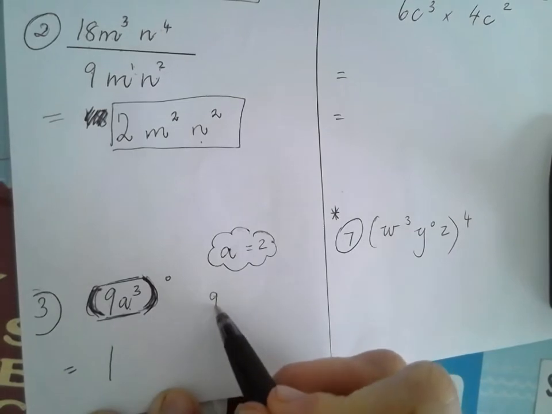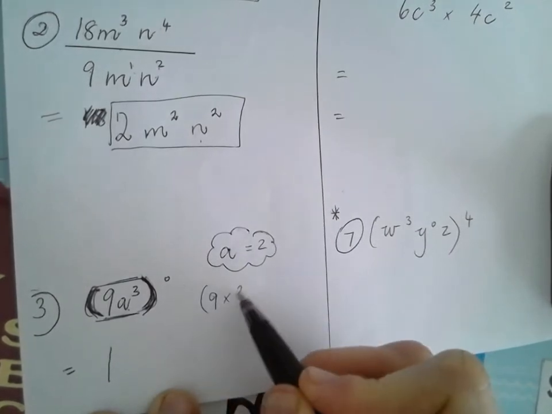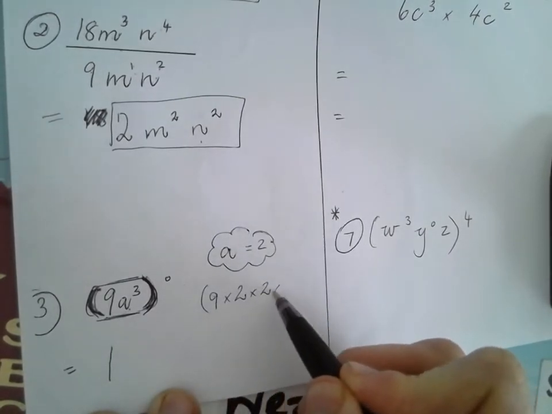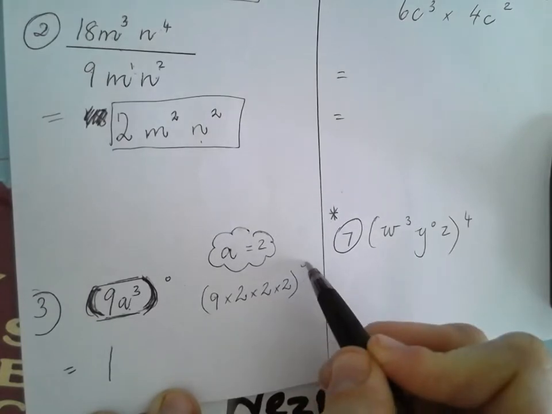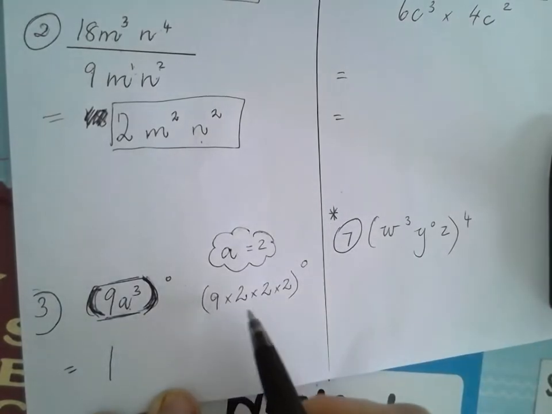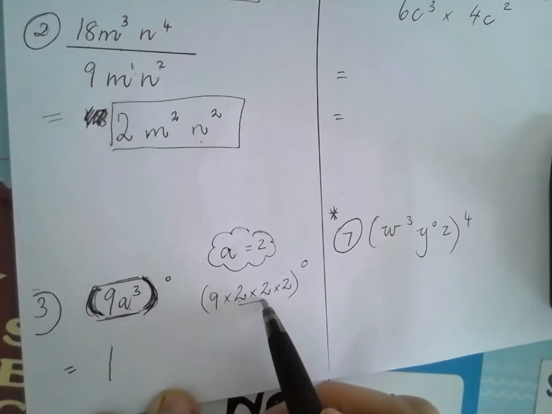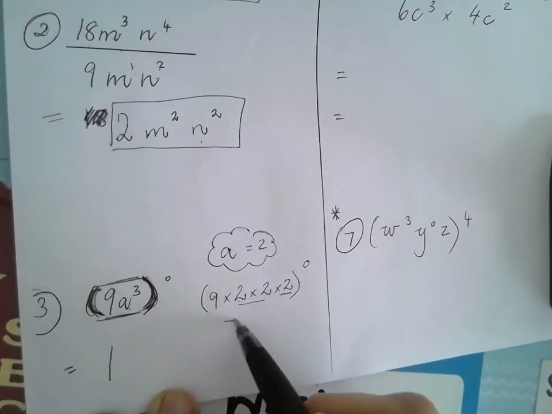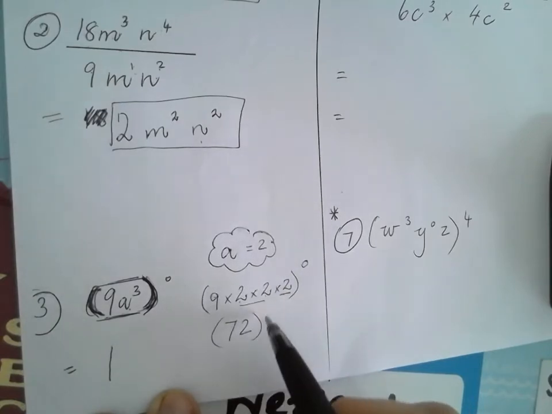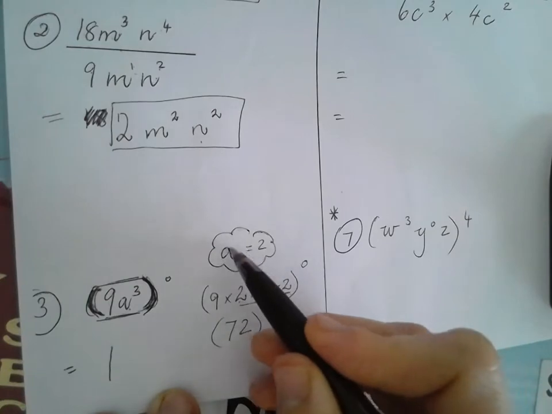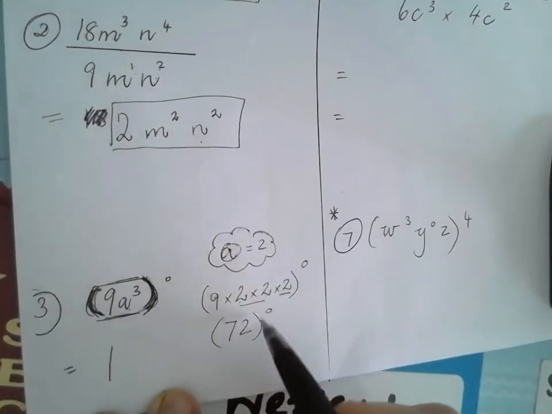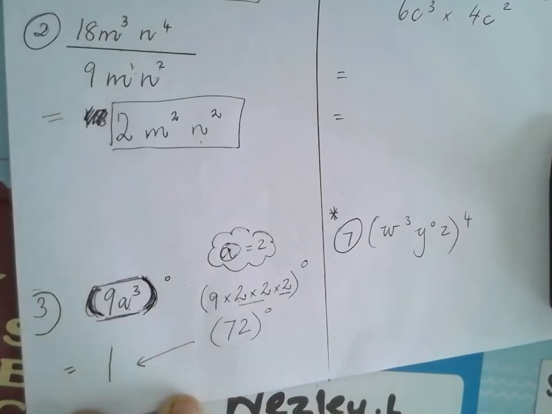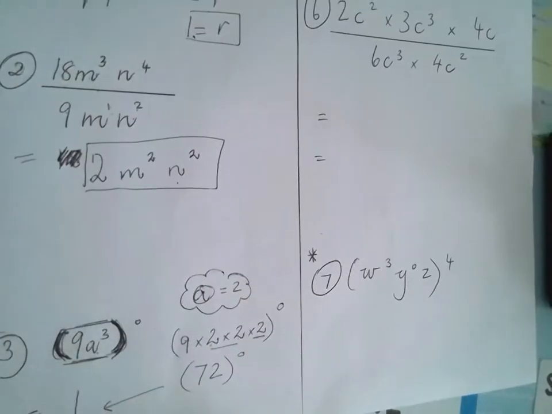So that would become in brackets 9 times 2 times 2 times 2, all to the power of 0. So we say 2 times 2 is 4 times 2 is 8. 8 times our 9 is 72 to the power of 0. It doesn't matter what a is, because any value to the power of 0 is 1.